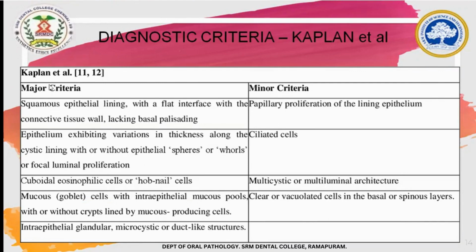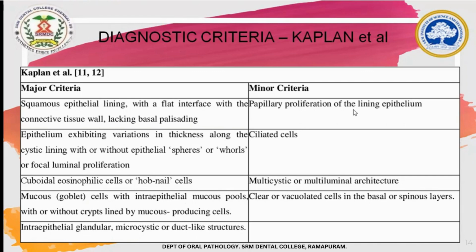Coming to the Kaplan major criteria: a squamous cystic lining epithelium with a flat interface, and varying thickness of the lining epithelium with epithelial plaque-like thickenings, hobnail cells, which are cuboidal eosinophilic cells, mucus cells with intraepithelial mucus pooling, and glandular or microcystic duct-like structures. All these constitute the major criteria.